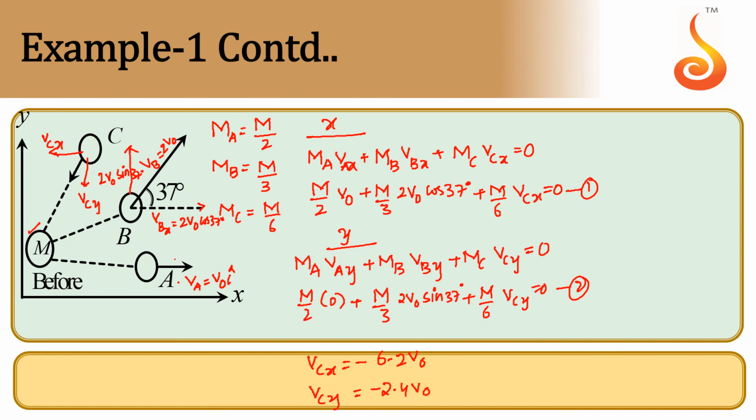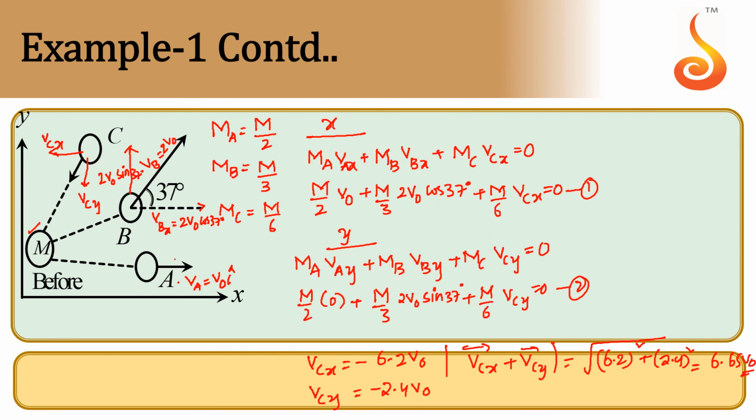Therefore, the magnitude of velocity of C is the square root of 6.2 whole square plus 2.4 whole square, which gives us 6.65 V0.